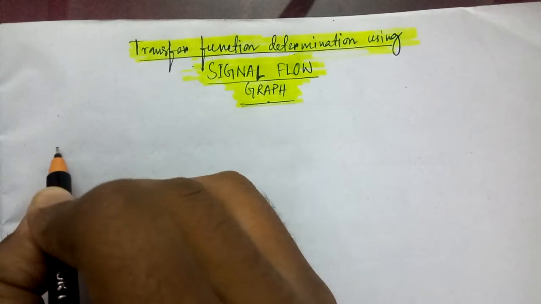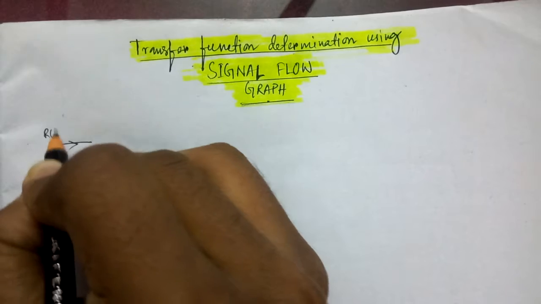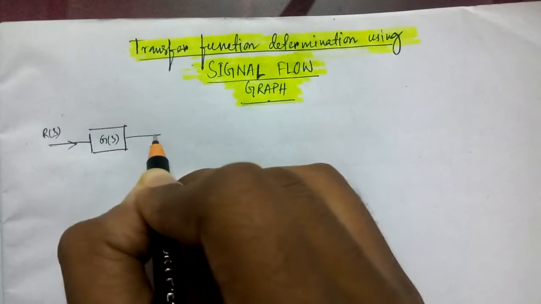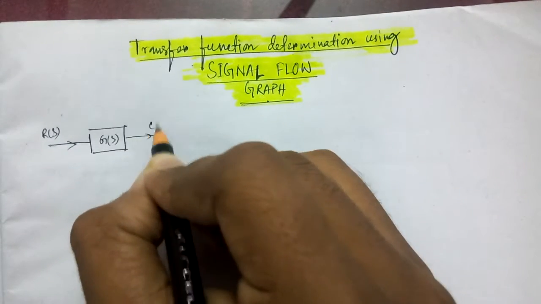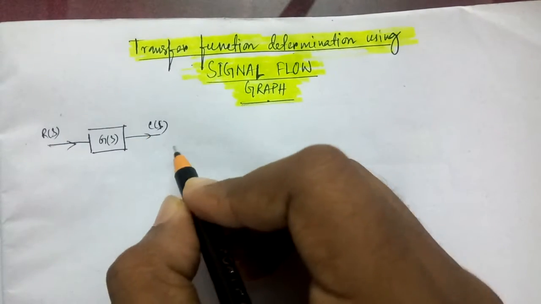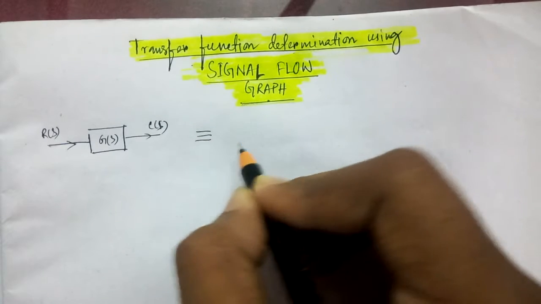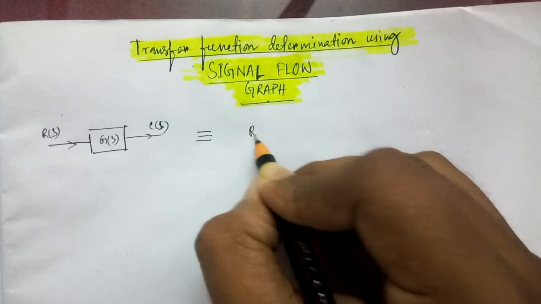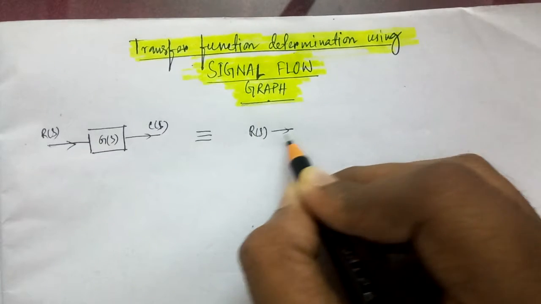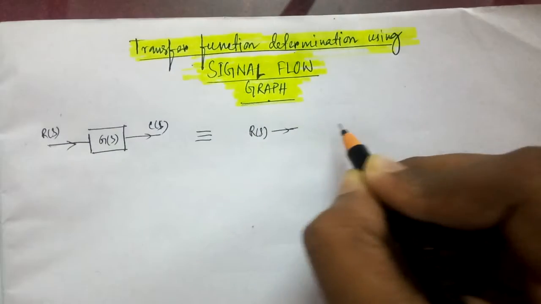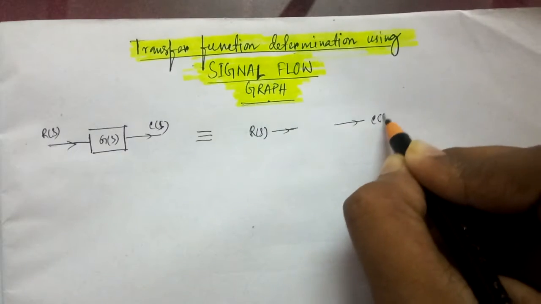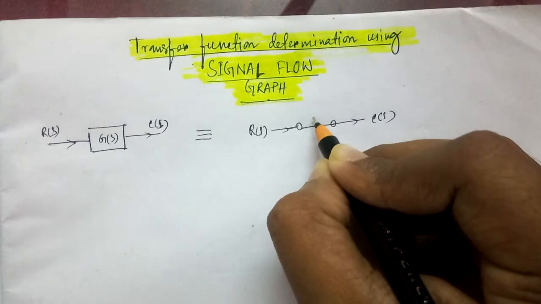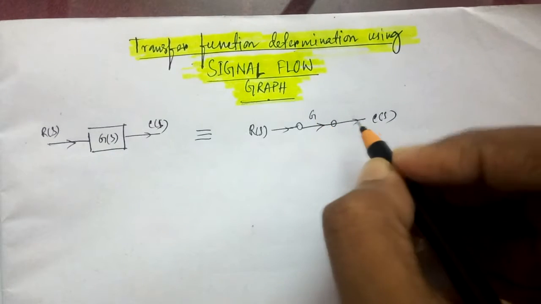Let us take an example. If there is an input R(s), the system gain G(s) and the output C(s), its equivalent or corresponding signal flow graph will look like this: R(s) will be here, the signal will flow this side, the output will be here, and there will be a system gain, that is G(s).